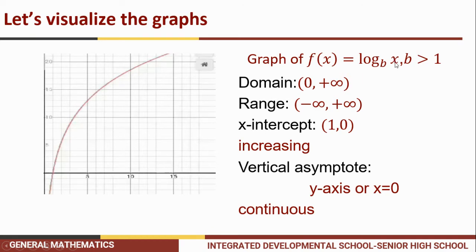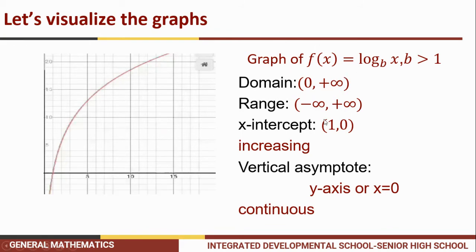There would be no negative values of x. For the range, we have the set of all real numbers, because for any values of x substituted from 0 to positive infinity, the values of y would be positive, negative, or 0, or just the set of all real numbers.